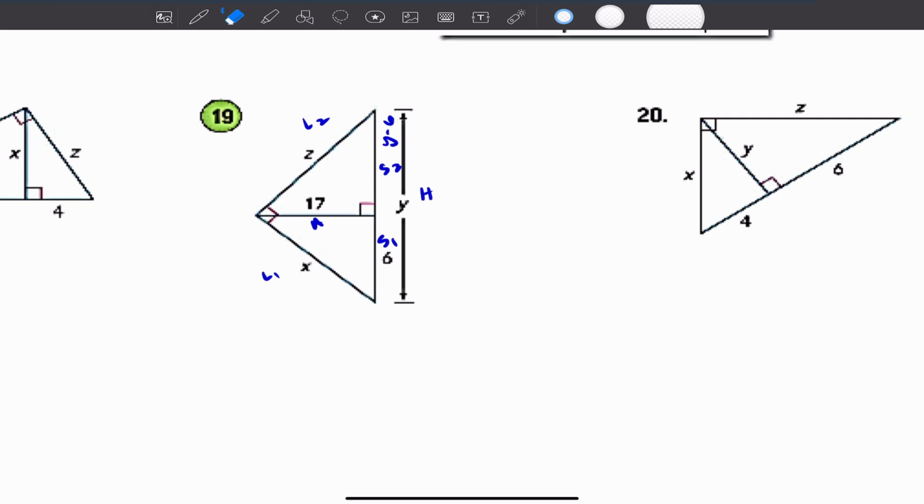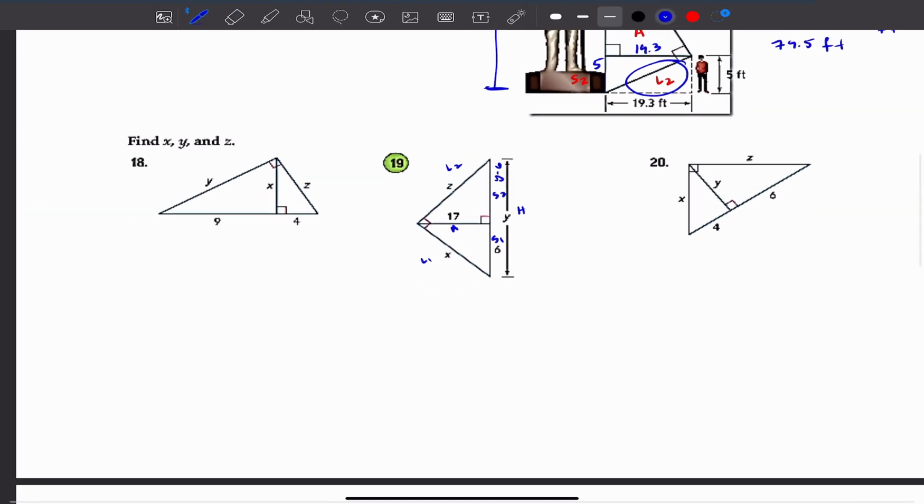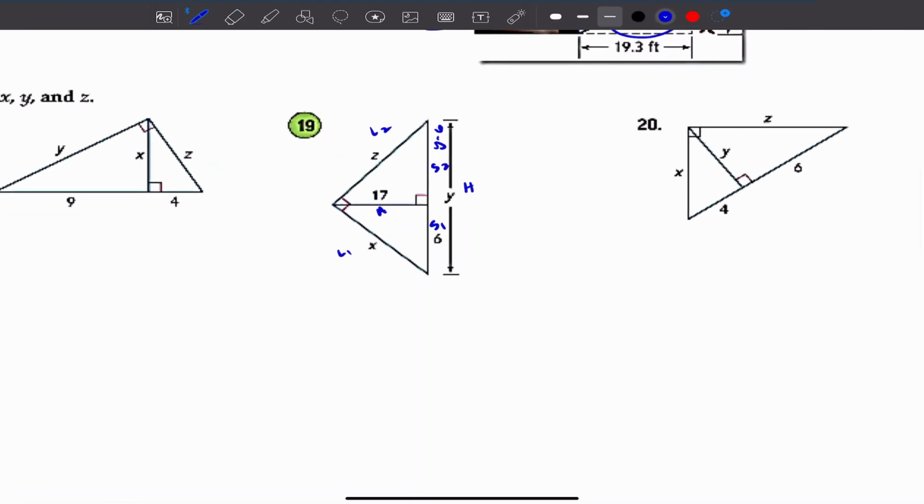So let's use our organizer. I write S1, altitude, altitude, S2, and then H, L1, L1, S1, and H, L2, L2, S2. Segment 1 is 6, the altitude is 17, and segment 2 is y minus 6.